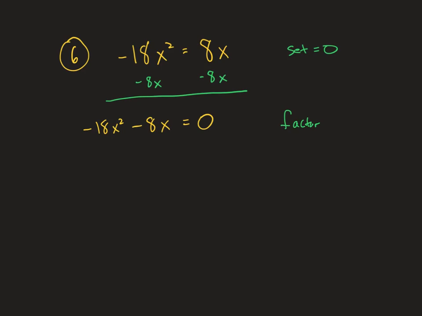And you'll notice this example has a binomial on the left. It's just got 2 terms instead of the 3 terms that we've been having. So just 2 terms here. The binomials are going to factor just a little bit differently. Either there's going to be a greatest common factor, something that you can take out of both terms, like in this case, the 18 and the 8, we can take a 2 out of both of those.